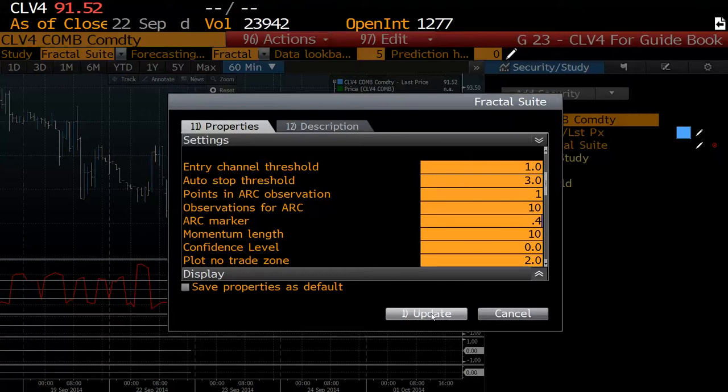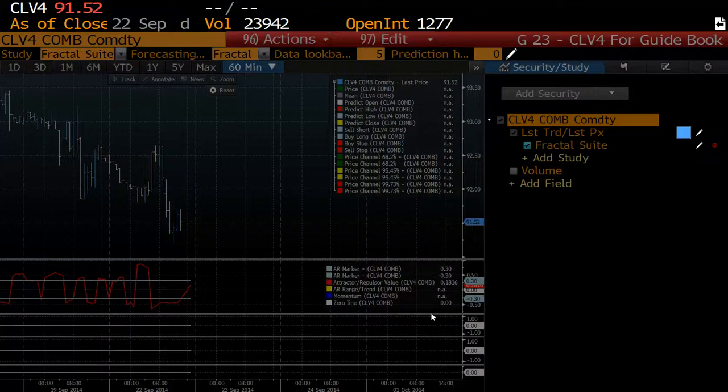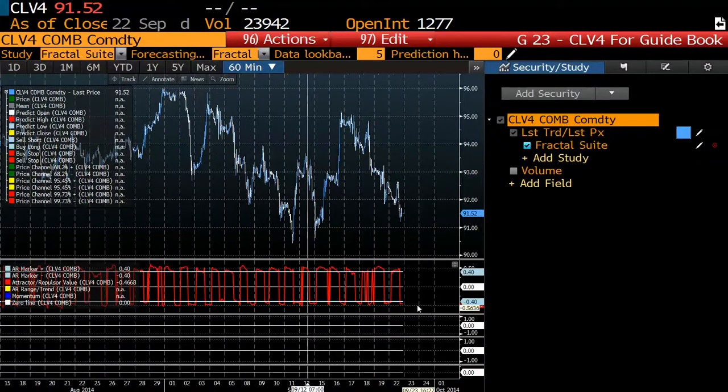So I can go ahead and update this, and now you'll see that the arc values have changed. So let's zoom back in.